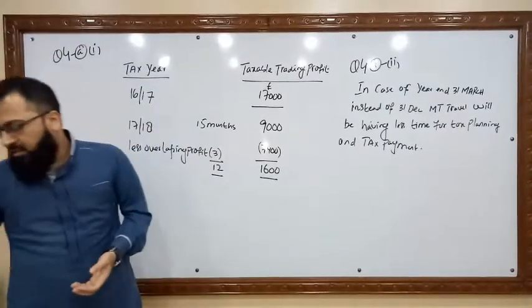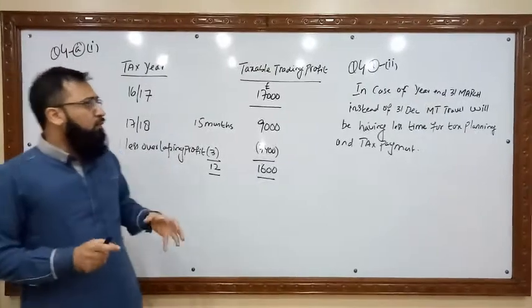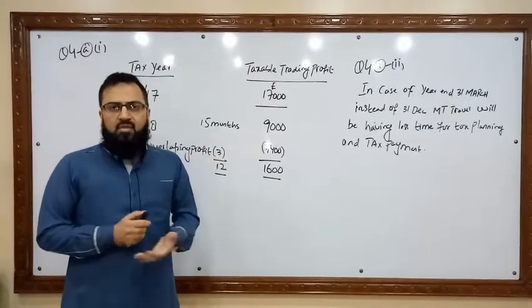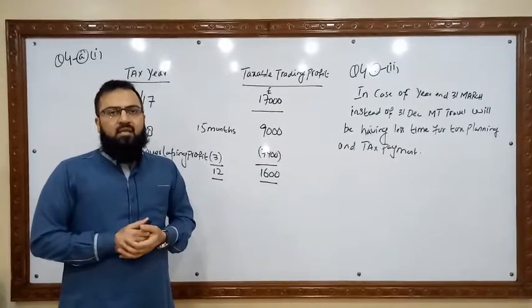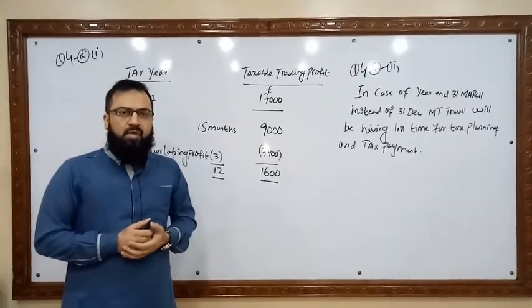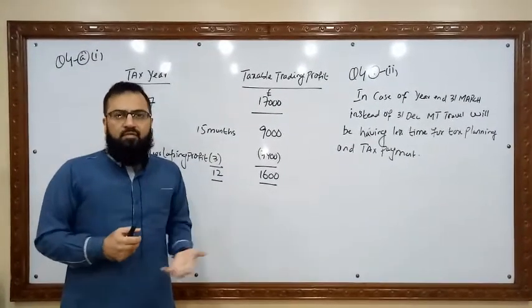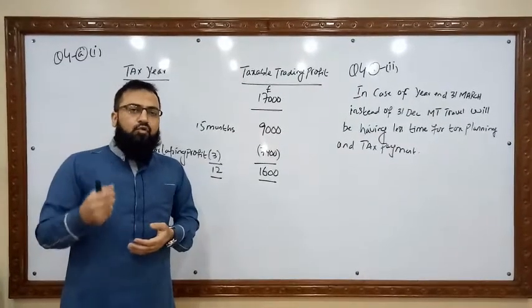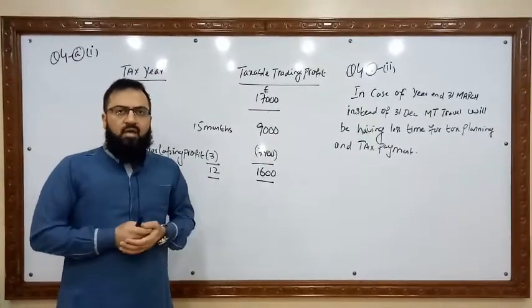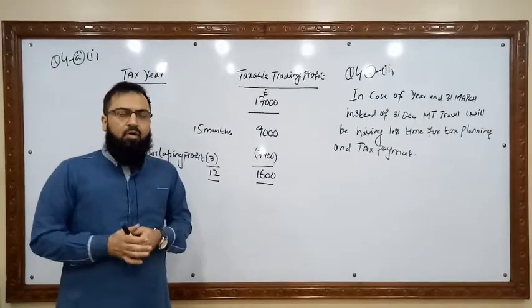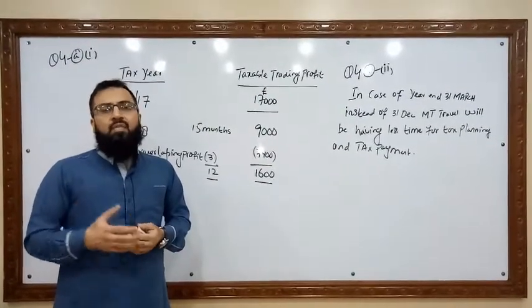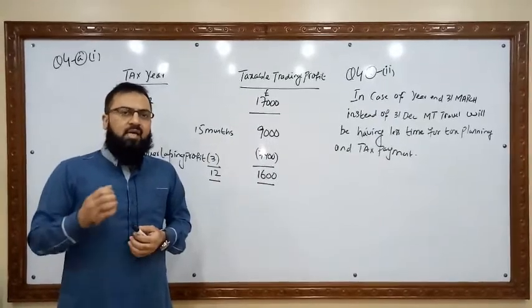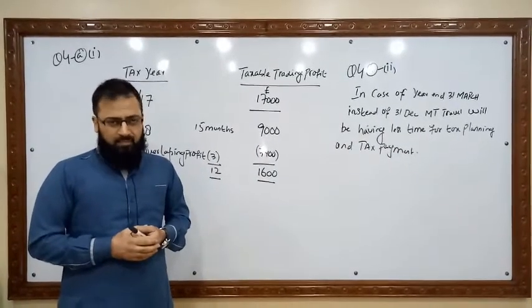As far as question 4 part 2 is concerned, they have asked to discuss one practical disadvantage of changing the accounting date from December to 31st March. If Empty Travel changes their accounting year end from December to 31st March, then one practical disadvantage will be that they will have less time for tax planning and tax payments.